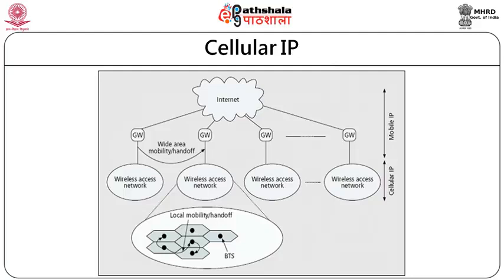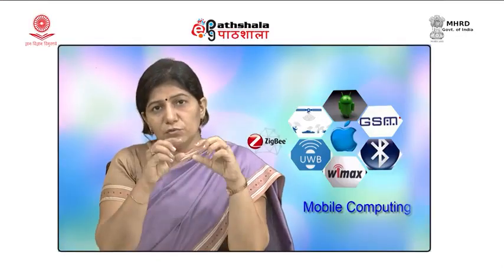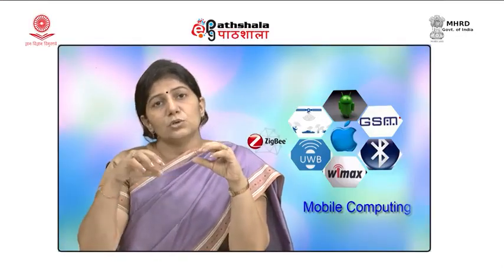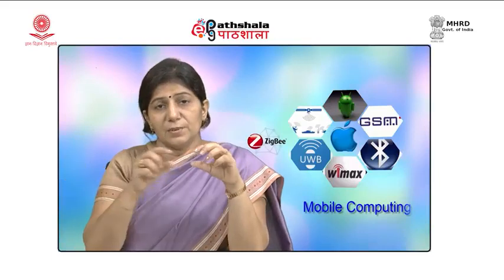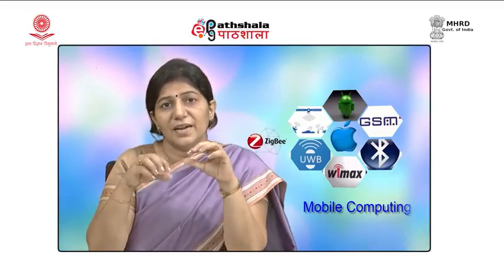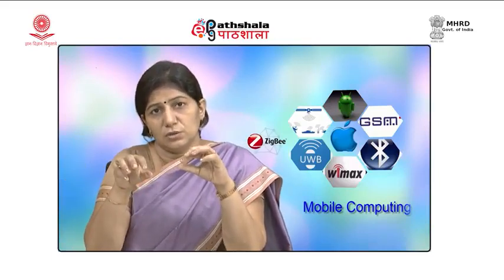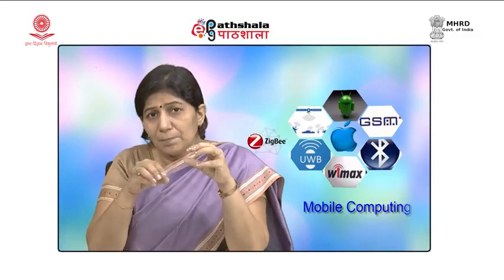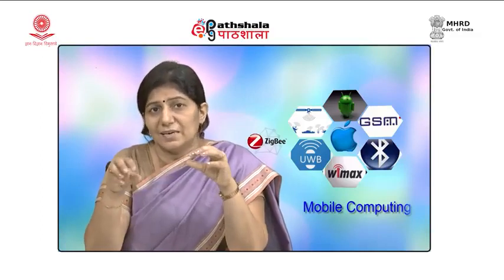So what happens in a hard handover? If I am moving from one cell to another cell, and between the cells there is network signal loss, so for some period of time I am not in any network.